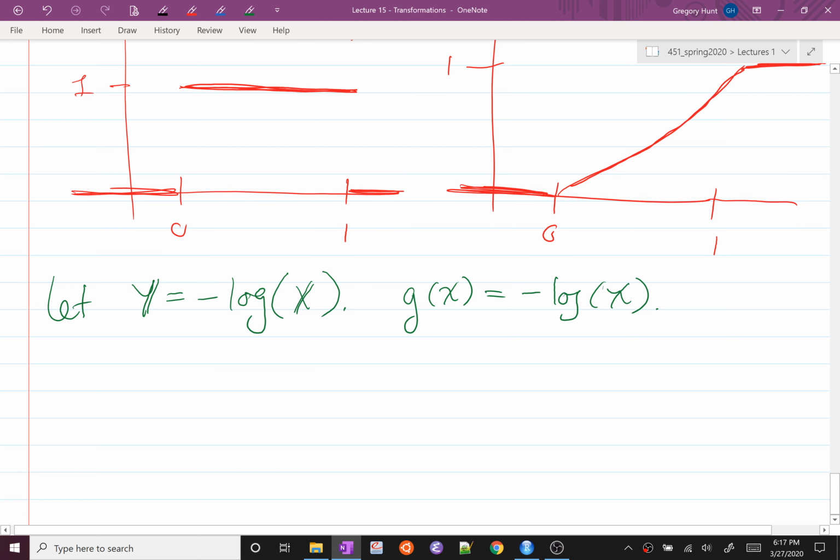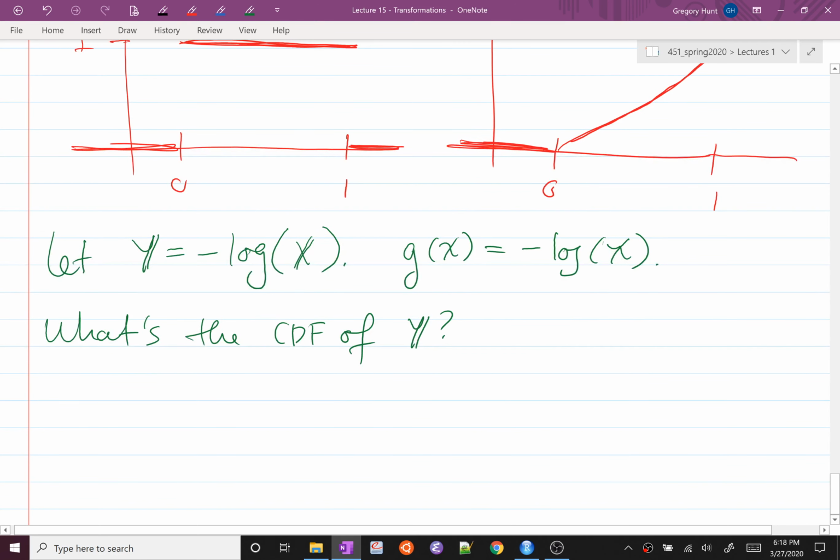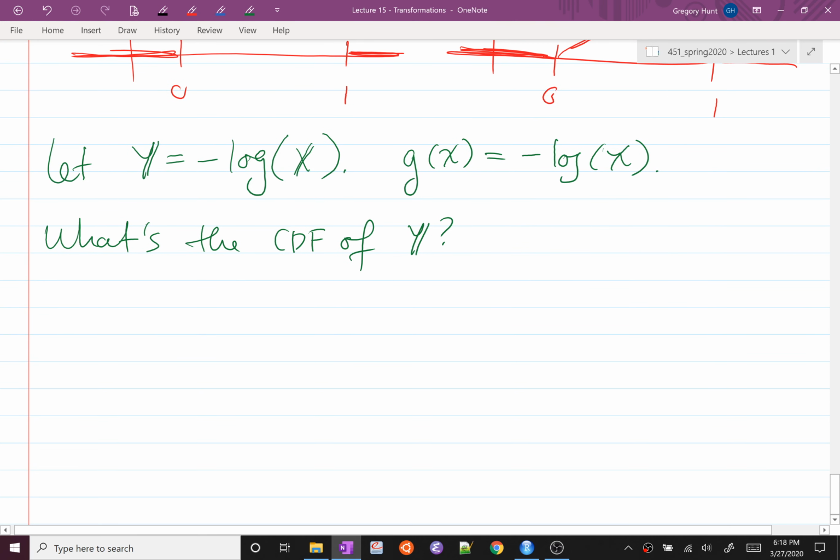So what is the CDF of Y? Now, if you didn't know the theorem above, this would be a really hard problem. I give you X, it's uniformly distributed, and I give you negative log of X. Well, how would you come up with the CDF? Luckily, we have this theorem, and so it's actually quite straightforward to apply.